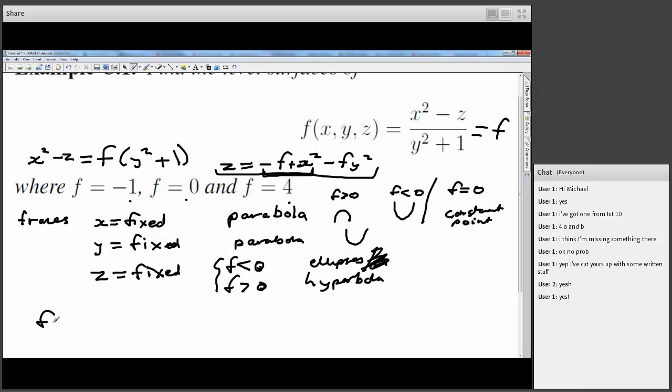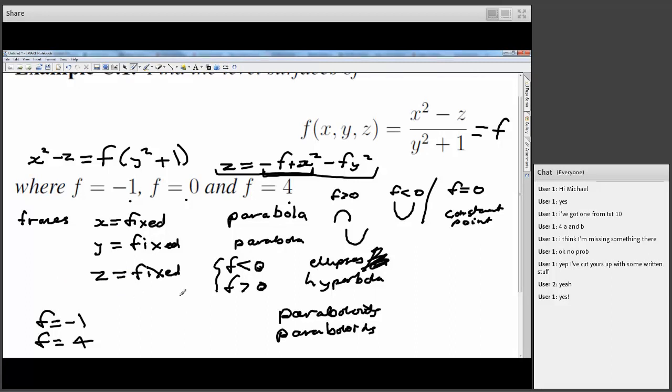So for f equals minus 1 and f equals 4, both of them would be paraboloids, because we have traces in two different directions being the same. Then to work out what type of paraboloid it is, you look at the other direction. In this case, z is the last direction.